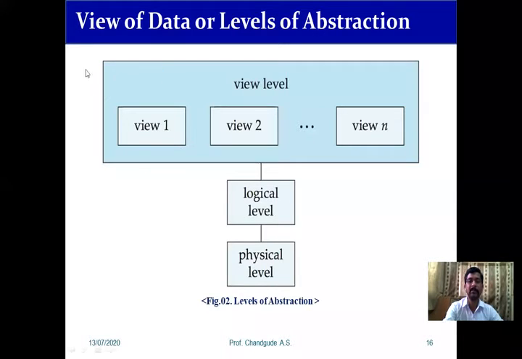Just assume this is your entire database, the tables, and the entire set of tables is split into different views: view 1, view 2, view n. As per their concern, every individual end user accesses the facility from those views.